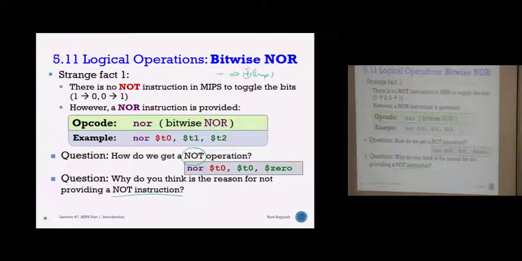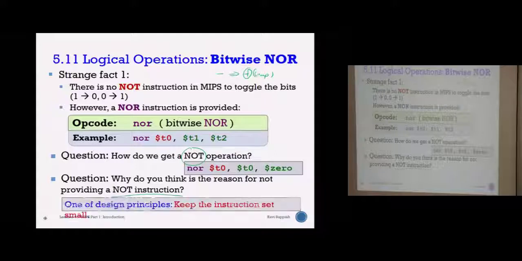Why? Because the addition block is already there for you. Since I already have an adder block inside my ALU unit, I just make use of that to get the answer. If I have another subtractor block, it's additional hardware for my processor. So we try to minimize all of that. Keep the instruction set small, keep the hardware simple. That's the main aim.